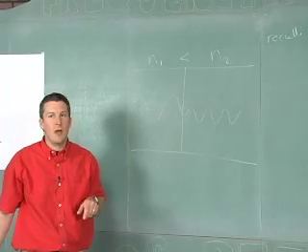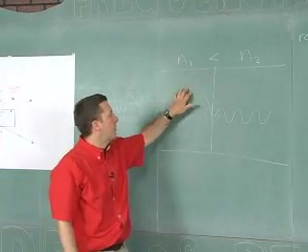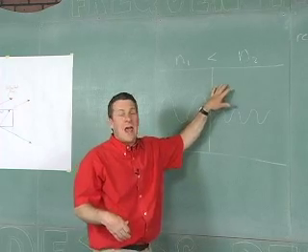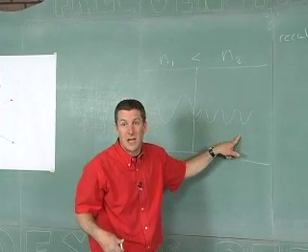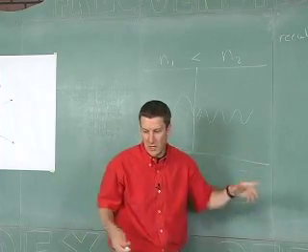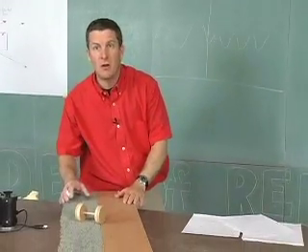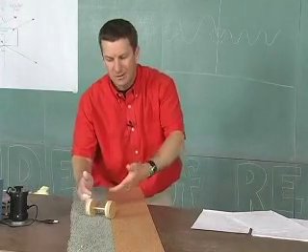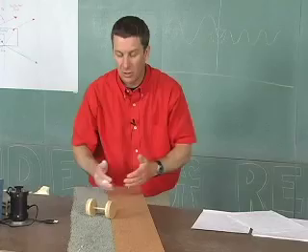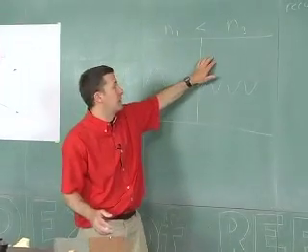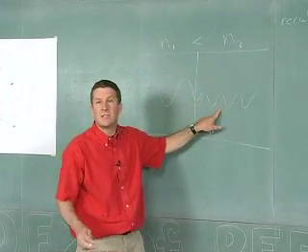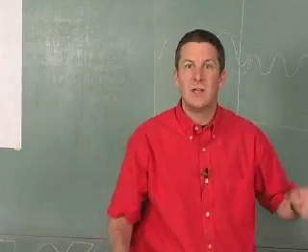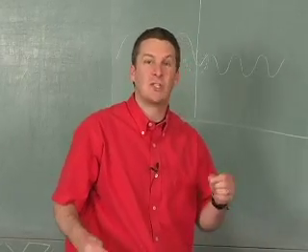Now for the frequency to be the same in both media, as we just established, yet have the speed of light in the second medium slow down, like we saw on our carpet demo, when one wheel catches a more dense traveling substance, it slows down. So for the frequency to be the same in both media, yet slow down in substance 2, the wavelength of light must change. It must get smaller.